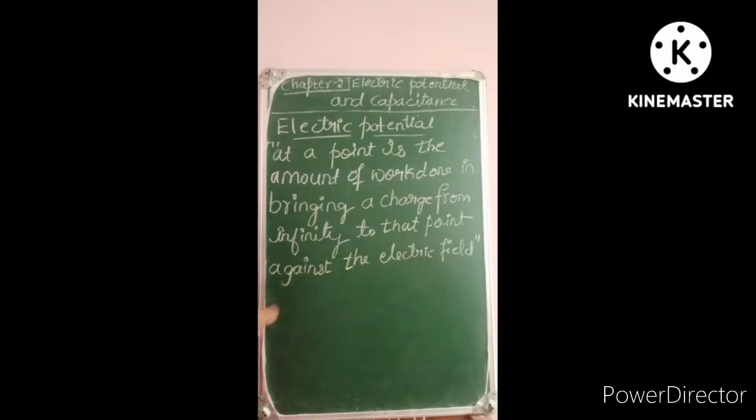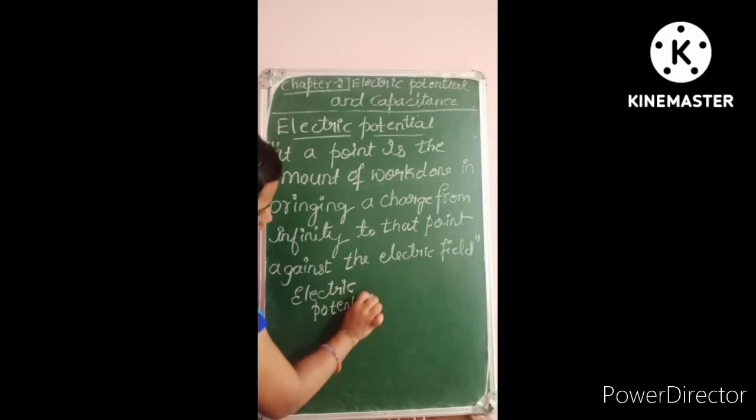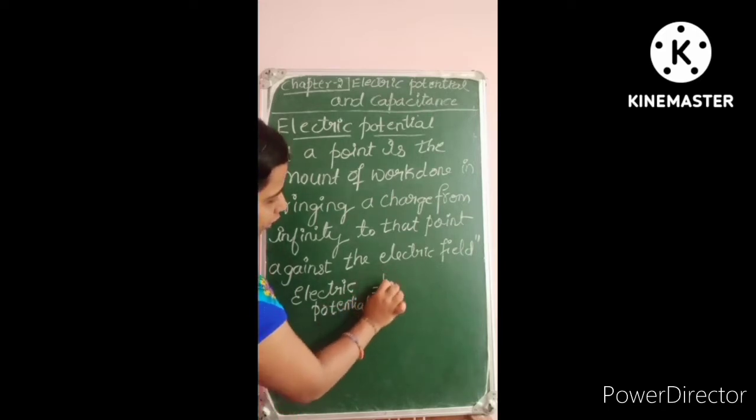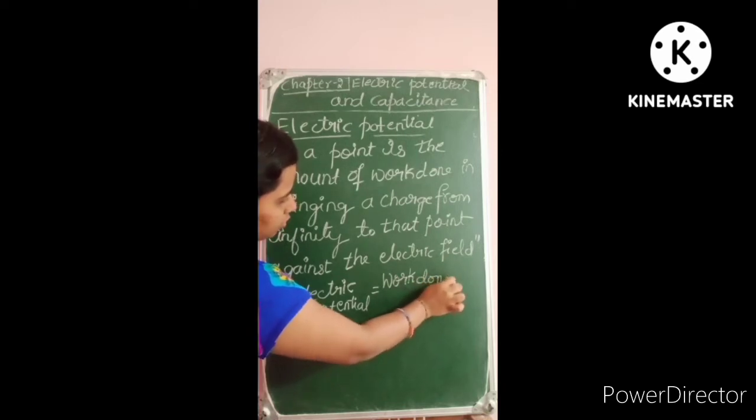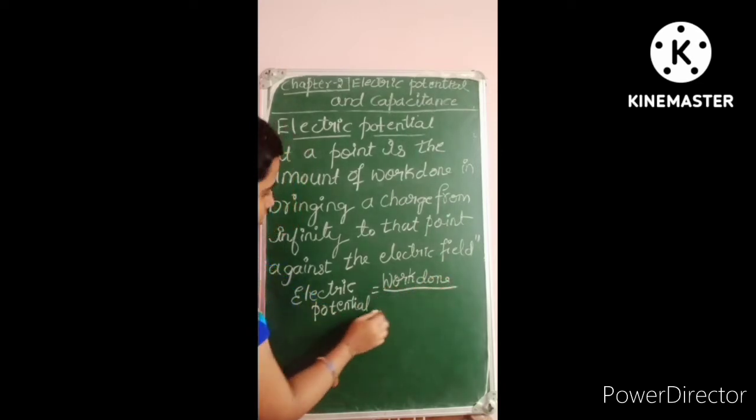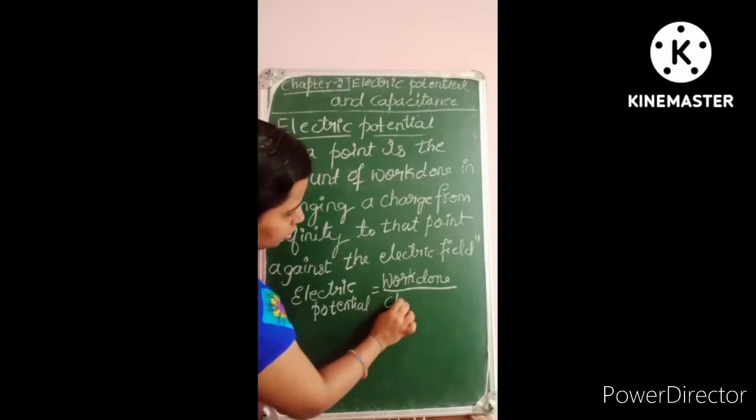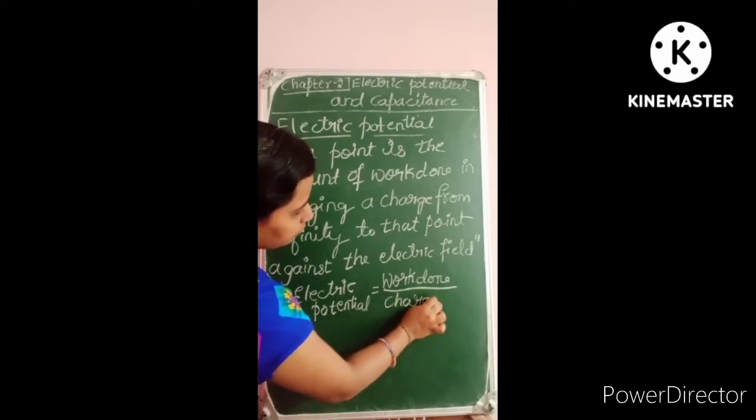against the electric field. So in terms of mathematical form, how do you write the electric potential? The electric potential is taken as the ratio of work done to the charge moved.